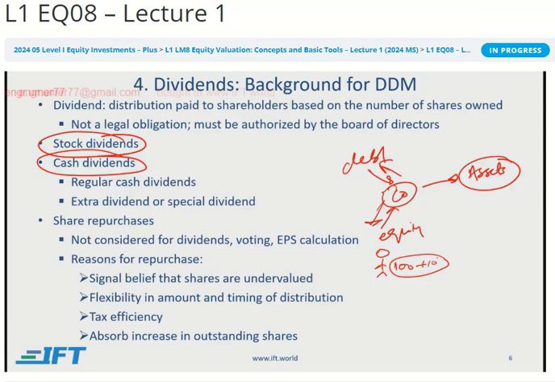But why companies do that is because, let's say this company had a total of 1000 shares, of which 100 was with this person. Now, if 10% more shares are being given to everyone, then the entire total number becomes 1100, right? And if the entire equity of the company was, let's say, 1000 million, and that 1000 million gets divided across 10% more shares, then the value per share comes down, right?